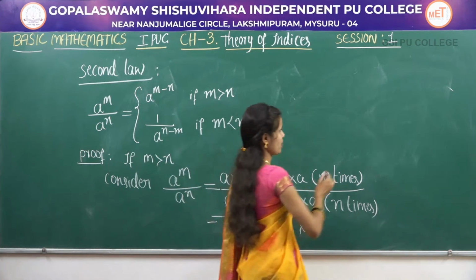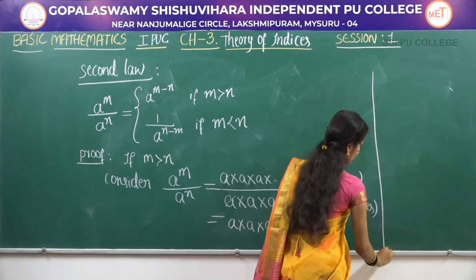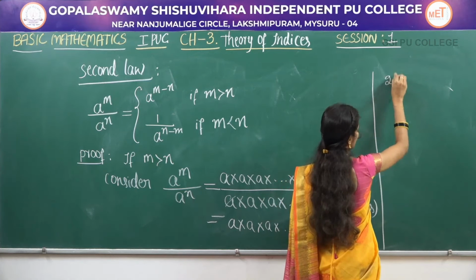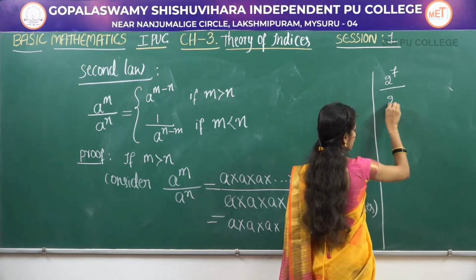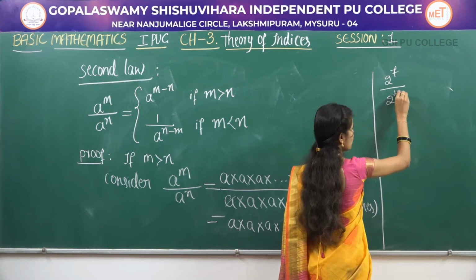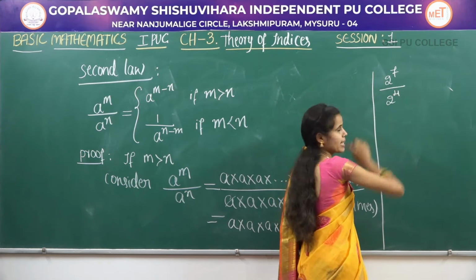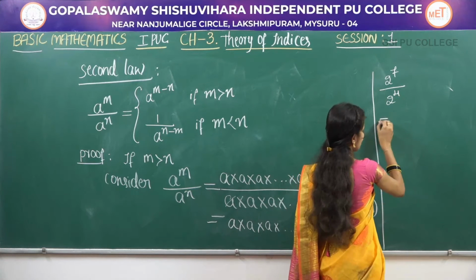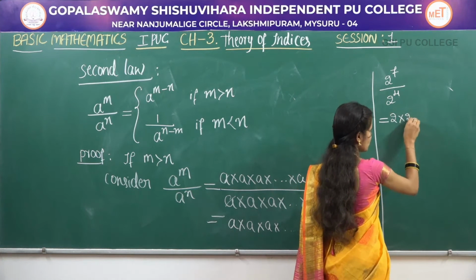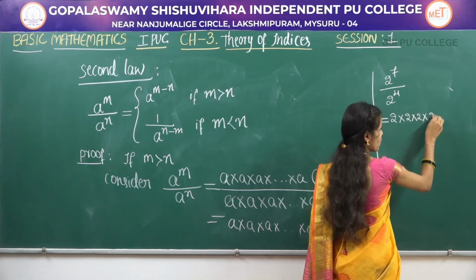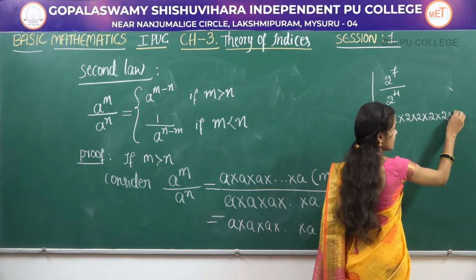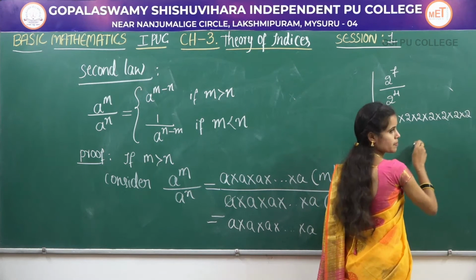So, consider some examples. Consider 2 to the power of 7 divided by 2 to the power of 4. This is m, this is n, and m is greater than n. So this can be written as 2, 7 times: 1, 2, 3, 4, 5, 6, 7.